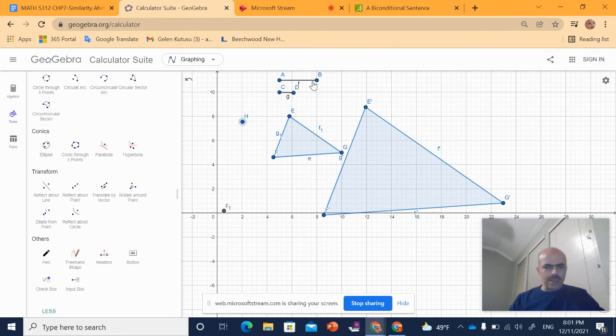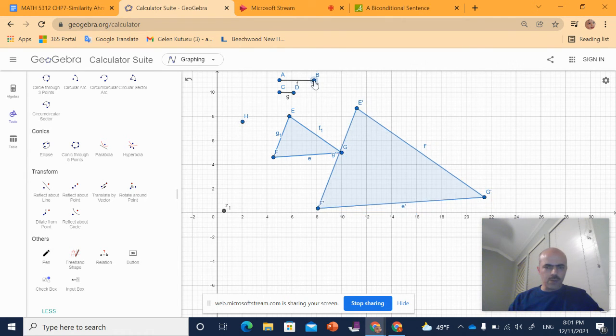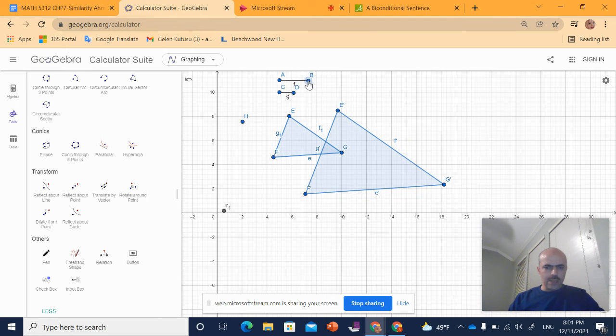If one side is AB, the other corresponding side is CD. So whatever we change in AB, the ratio will change, and the pre-image size also will change. For example, now I drag it smaller.